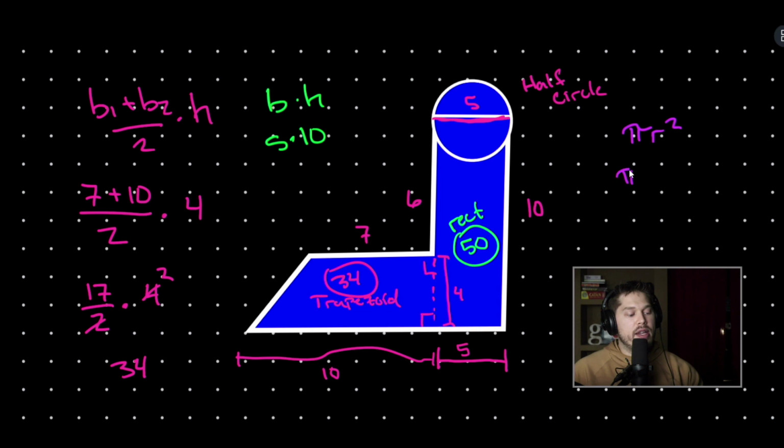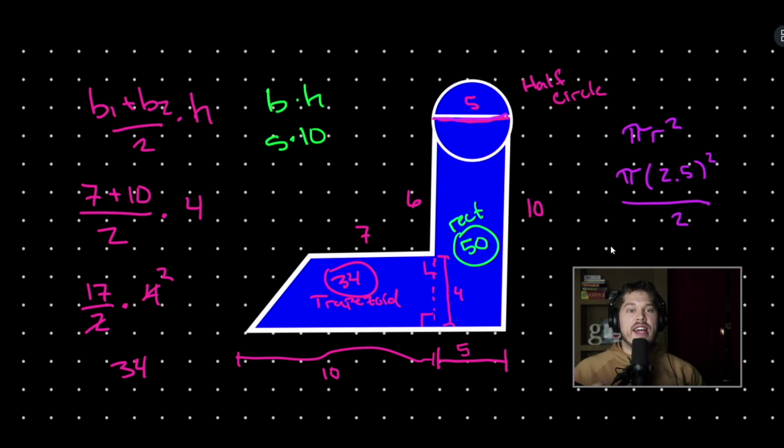So we have pi times 2.5 squared. But before we calculate this, let's ask the question. This is the area for a full circle. We just want a half circle. So half a circle will have half the area. So we're going to divide this by 2.